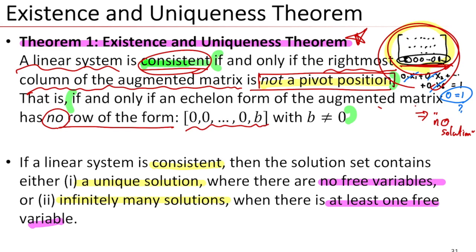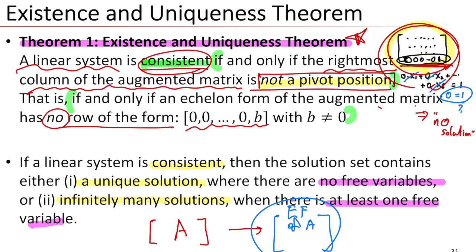What does that mean? Okay. We have a matrix that we want to solve, and by using the row reduction algorithm, we reduce this matrix to an echelon form, the echelon form of matrix A. And in the echelon form of matrix A, we can determine whether there is a solution set or not. How?